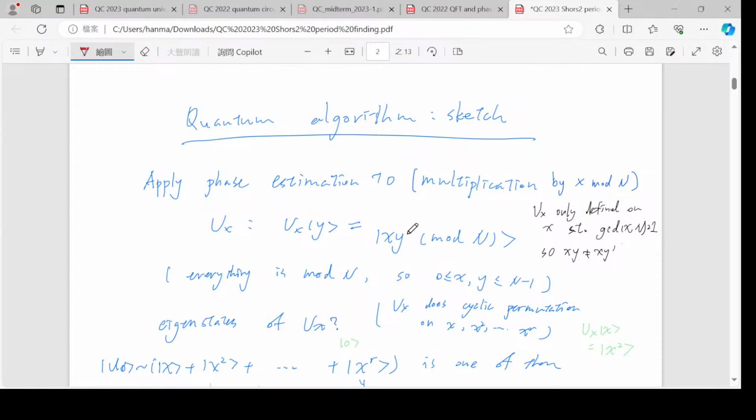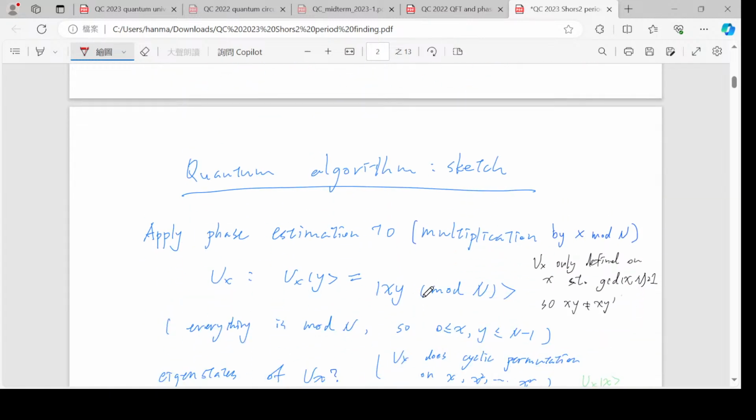But here things are a little weird because we are doing everything mod N. So this x, y, and N, we are thinking of some number between 0 and N-1. So this circuit might be a little hard to implement, but later we will explain why thinking about this is okay. But for now, just assume that we have some UX that will do this and that we can implement.